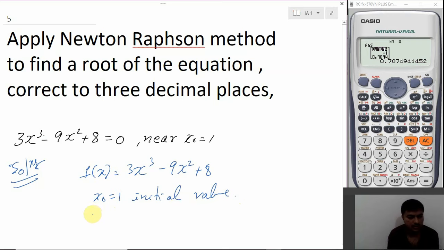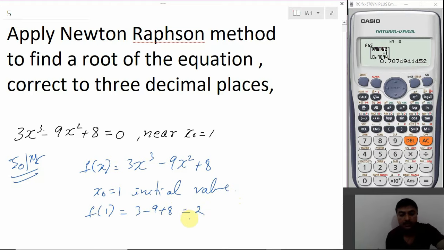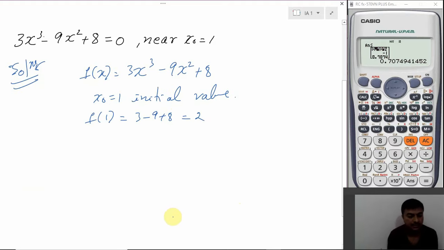Is it clear? So you can just put f of 1 in the problem. So you can fix the value and substitute the value. It's 3 minus 9 plus 8. Yes friends, easily you can see it's 2. You can put it in the calculator, you'll get the answer very easily. Okay, now remember the formula students for Newton Raphson's method.